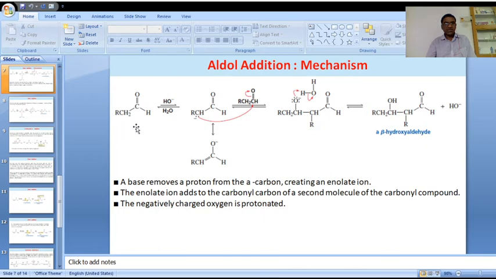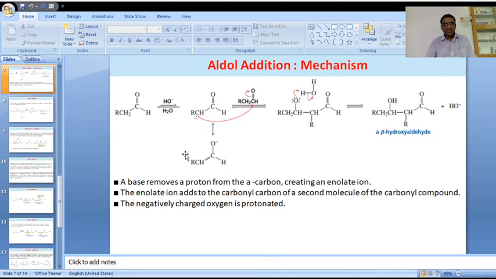In the presence of base, a hydrogen is abstracted, converting to a water molecule and forming the enolate ion. Okay, this negatively charged carbon: these electrons shift to this side, this pi bond electron shifts to oxygen, and oxygen becomes negative.